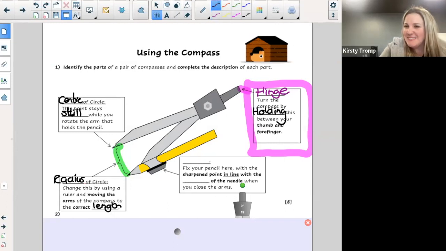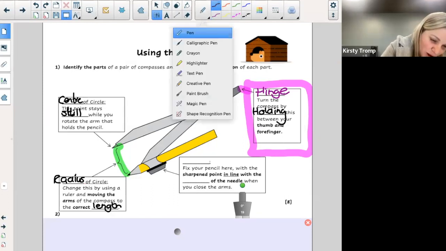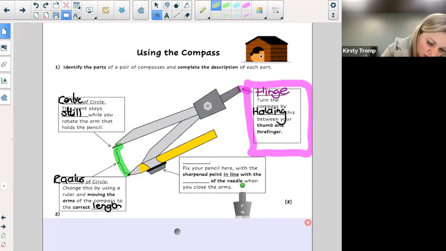Thanks, Mulalo. All right, Tatenda, we're going to do the last point together. So this one over here. What's that last block? Fix your pencil here with the sharpened point in line with the tip of the needle when you close the arm.